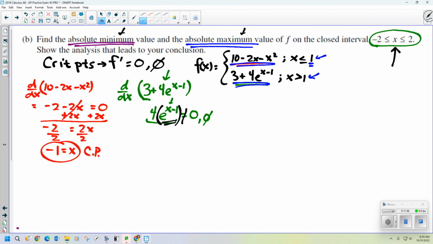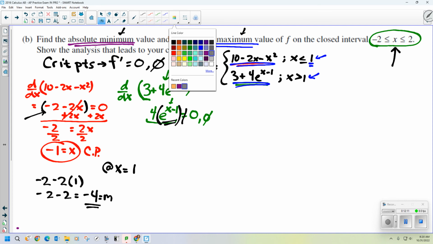So, this is right at x equals 1. Here's my derivative from the left. So we got -2 minus 2 times 1. That would be -2 minus 2, which would equal -4. That's my slope from the left.